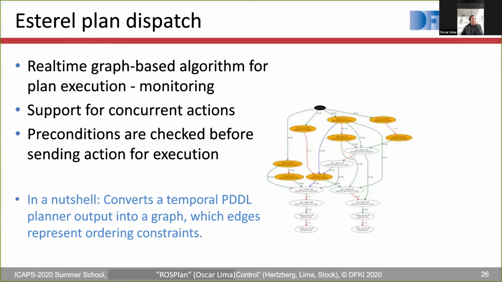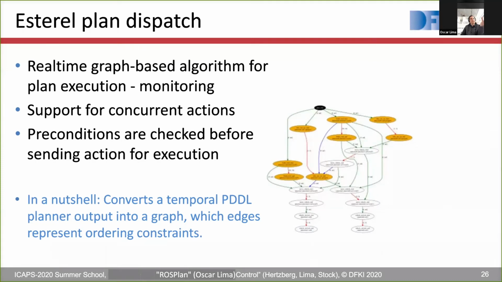And so one of the features of the Sterile plan dispatch is that preconditions are checked during runtime. So before you send an action, Sterile will check for the preconditions automatically for you to ensure that the action is ready to be executed.